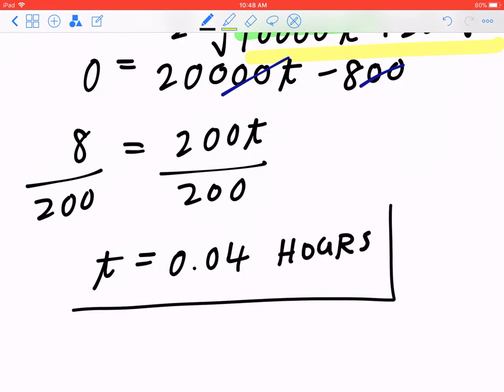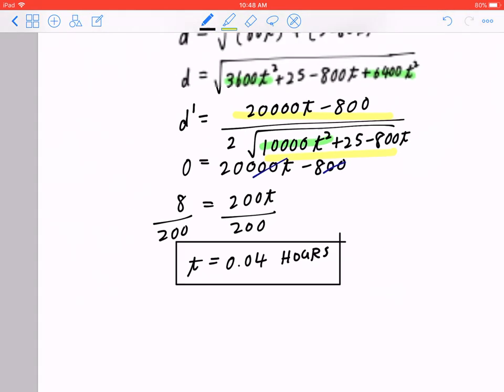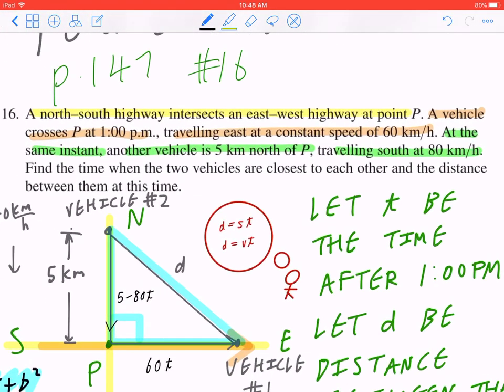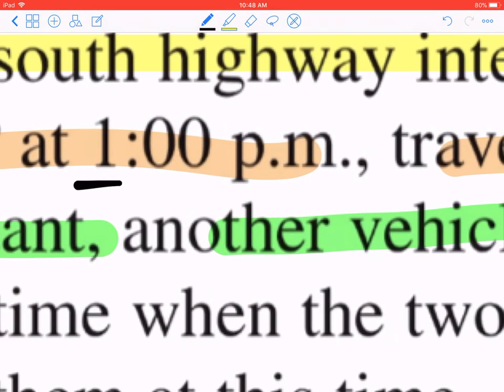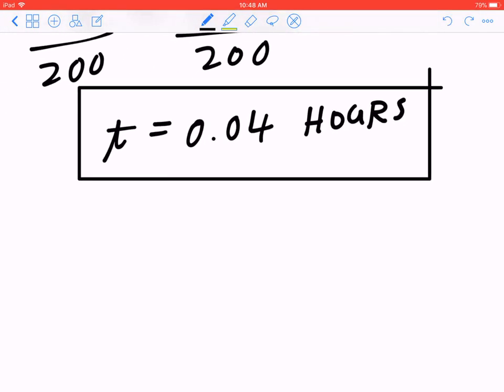Now, you have to be mindful because they're not asking for the amount of time. They're asking for the actual time in terms of the time of the day. So your starting point is 1 p.m. So you have to go back and say, well, what time would it be if it's 1 p.m. plus 0.04 hours?